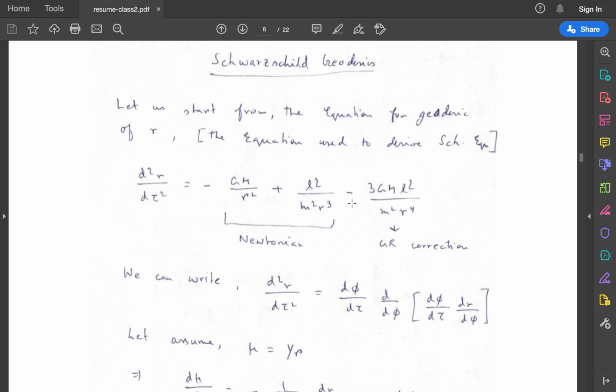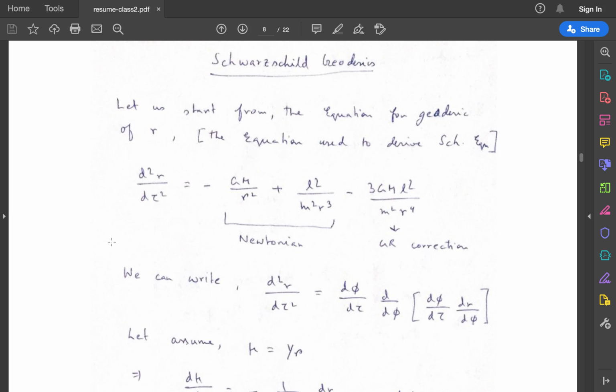Okay, this is the important term. We know the solution of this equation, and knowing it, we will try to find the solution of this whole equation and see how it changes our previous notion of Schwarzschild motion or Schwarzschild orbit.